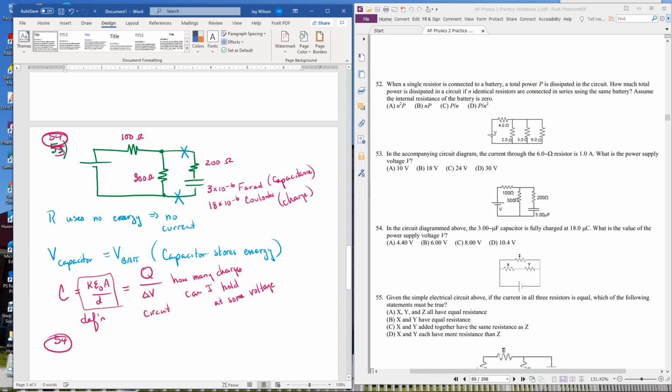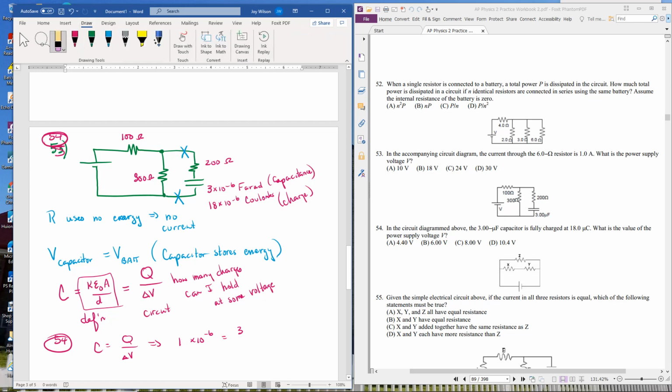On number 54, we know that capacitance equals Q over delta V, and we have those values. So 3 times 10 to the negative 6 equals, whoops, I got my numbers backwards. This one is 3, this one is 18. 18 times 10 to the negative 6 over voltage.